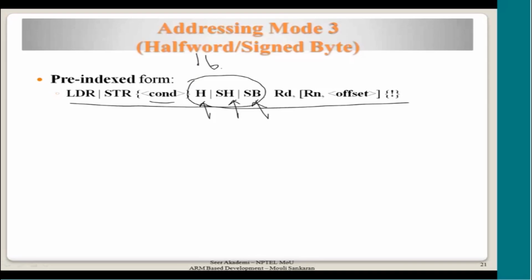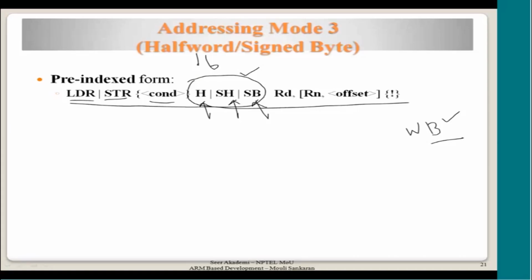Now what are the other combinations? Word and unsigned byte. If it is a word, you would have just said LDR or STR. If it is a byte, you would have said LDRB or STRB. So these two formats are taken care of. Only these three things need to be taken care of. So they have introduced another instruction where you can say LDR or STR followed by these values.